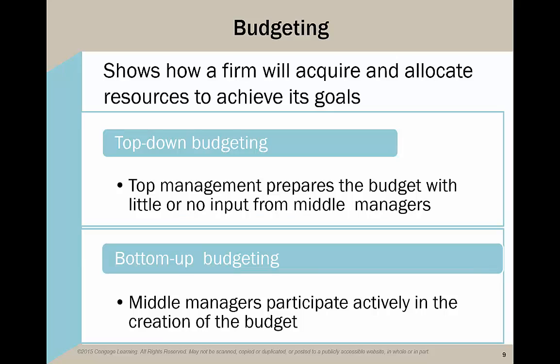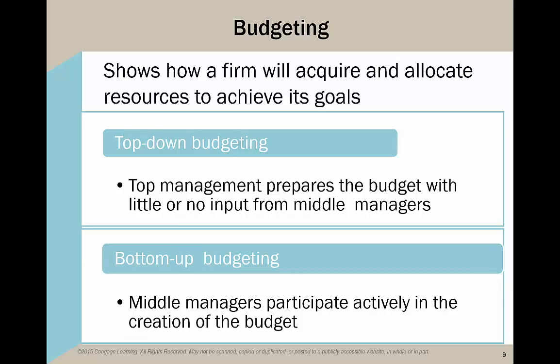When middle managers feel like they're a part of something, they can own that goal and that budget because they had a part in creating it. So it can increase employee morale and help make sure that everyone is on board and wants to meet those budget goals. If you help set the goal in the budget, you are a part of that process and it becomes personal to you and in your department. So you would be more willing to work hard to meet it.